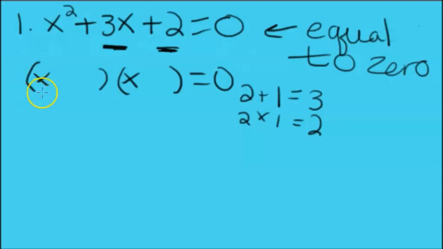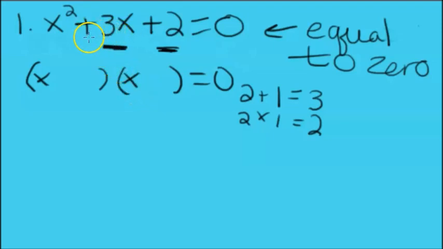So that's why I put the parentheses. So x times x is going to be x squared, so these two spots are just going to be x and x.